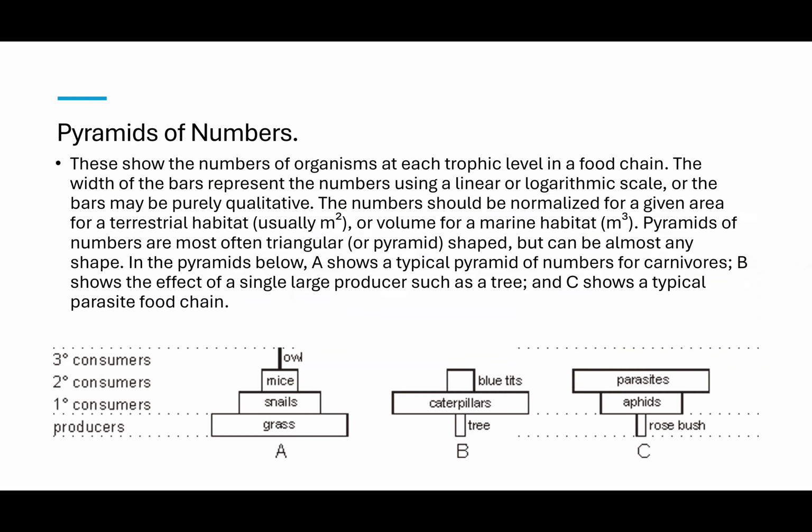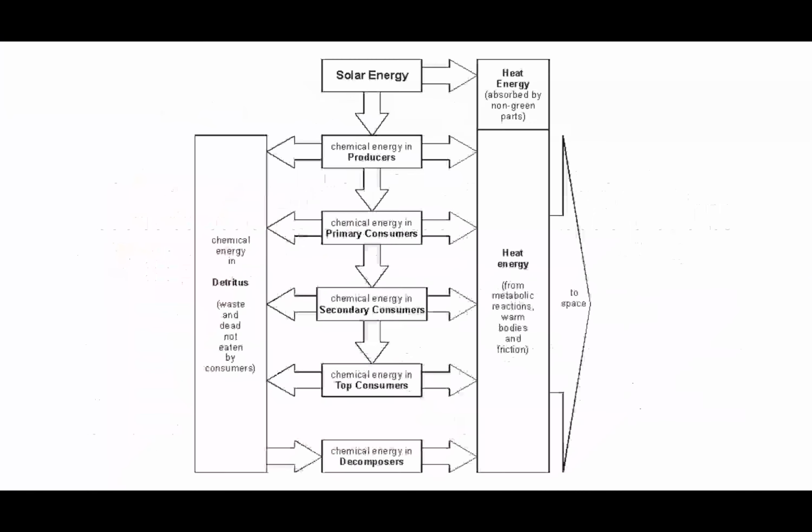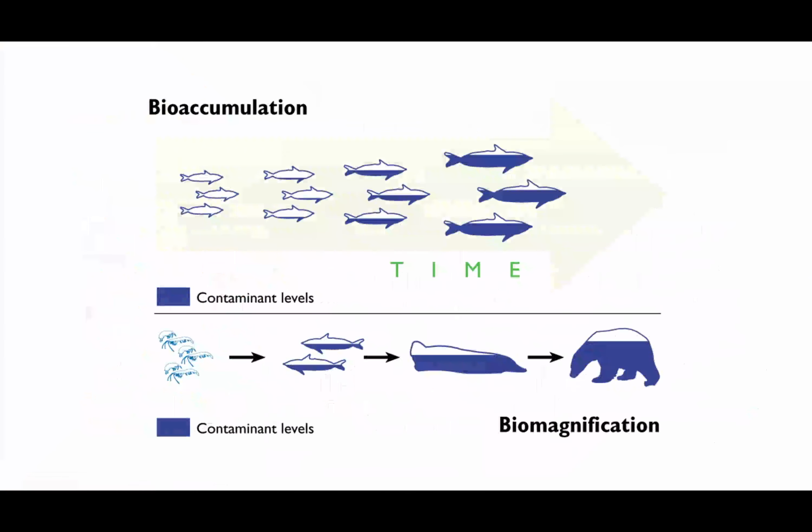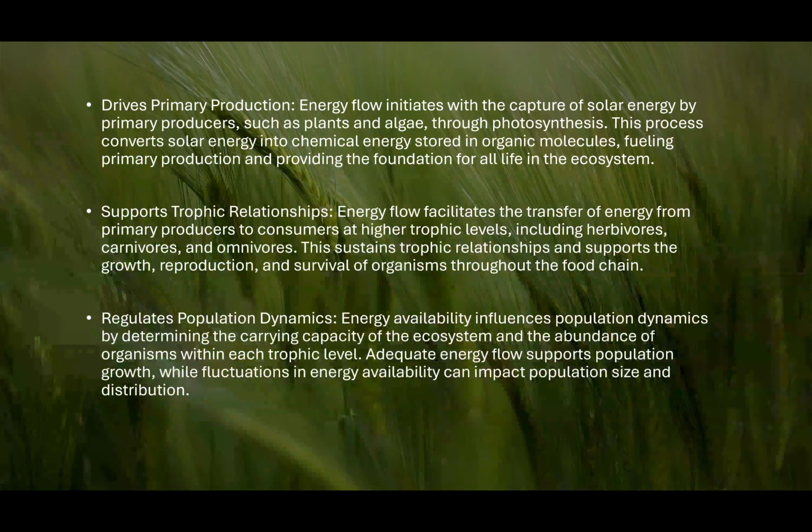So generally the organisms through higher trophic levels become considerably less, right? So in that case, it can regulate the amount of energy that the ecosystem itself can hold, right? So adequate energy flow supports population growth, while fluctuations in energy availability can impact population size and distribution.